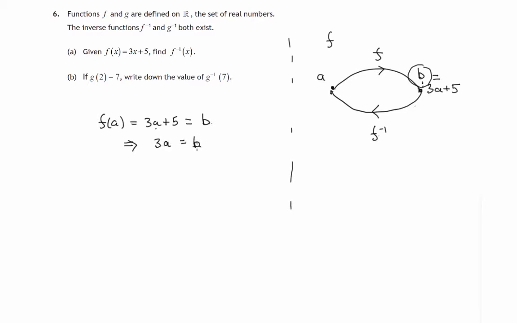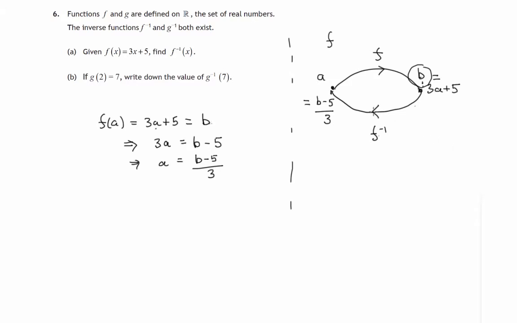So we've got b minus 5, take 5 from both sides, and let's then divide both sides by 3. So we've got b minus 5 divided by 3. A third of whatever b minus 5 is. So to get back to a, we have to subtract 5 and divide by 3.